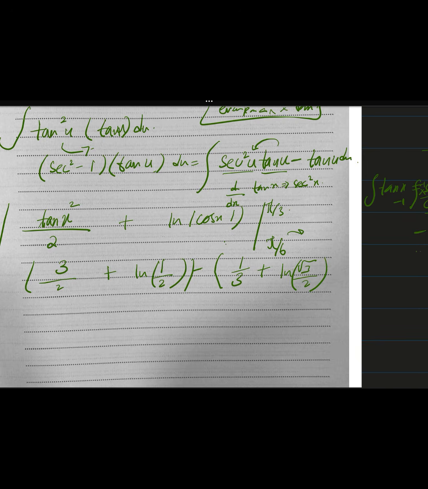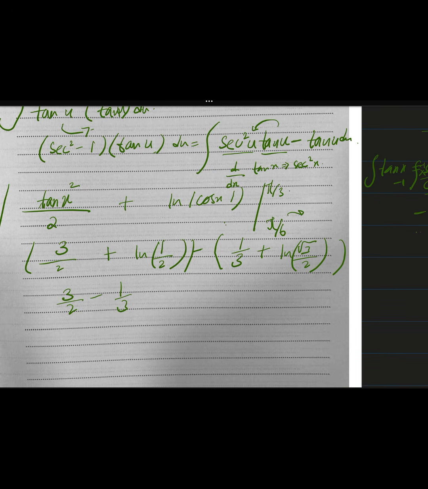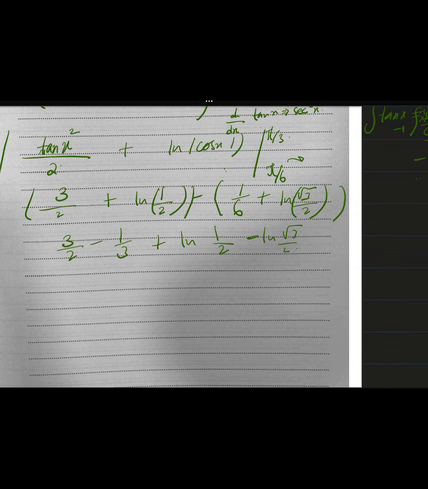Since you have to give the answer in the form of ln, the final answer can be written as 3 over 2 minus 1 over 3 plus ln 1 over 2 minus ln root 3 over 2. Here instead of 1 over 3, we will write 1 over 6 because we have to divide this by 2 as well.